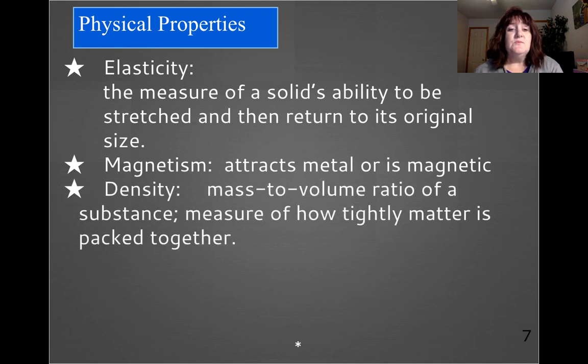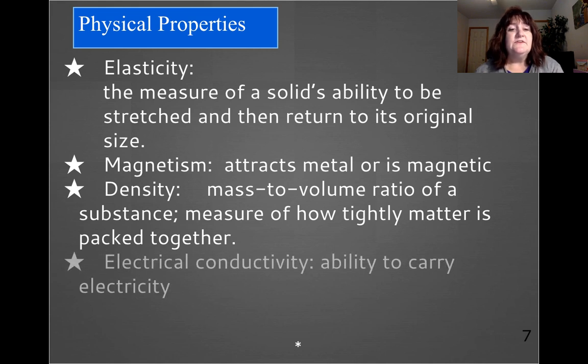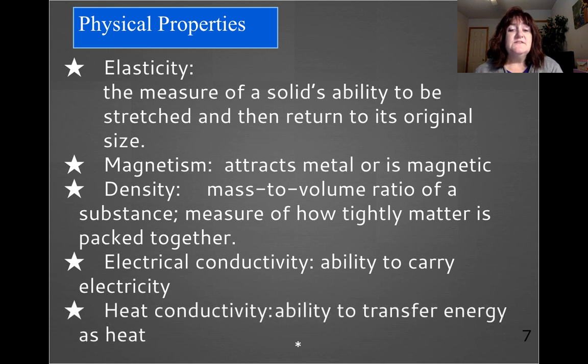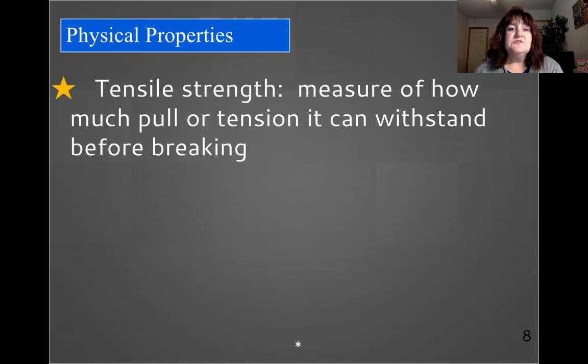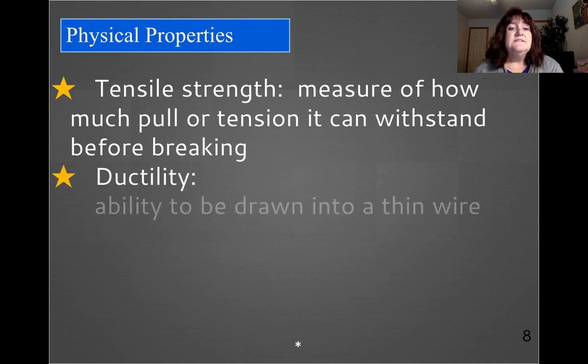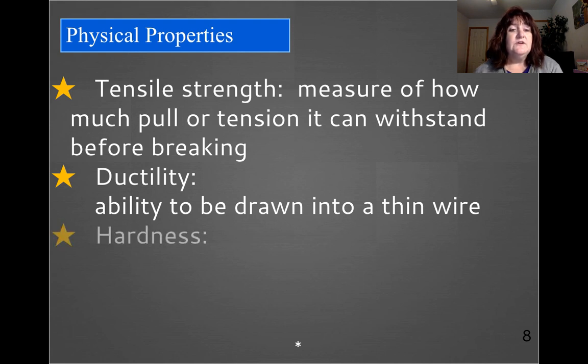Density is a mass to volume ratio of a substance and measures how tightly the material is packed together. Electrical conductivity is the ability to carry electricity. Heat conductivity is the ability to transfer energy as heat. Tensile strength is a measure of how much pull or tension something can withstand before it breaks. Ductility is the ability to be drawn into a thin wire.